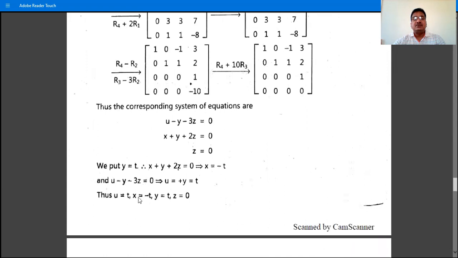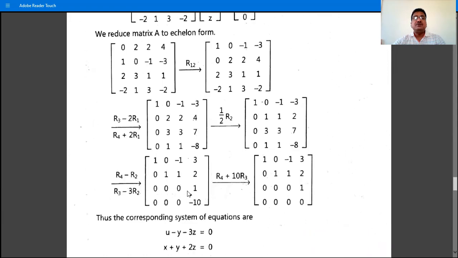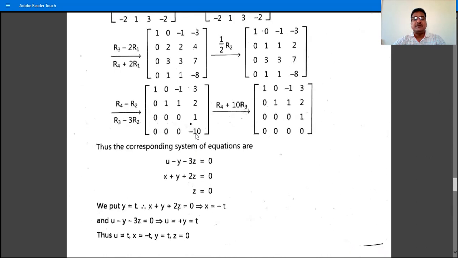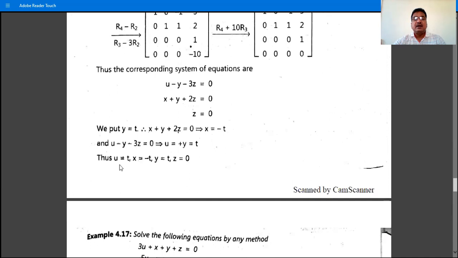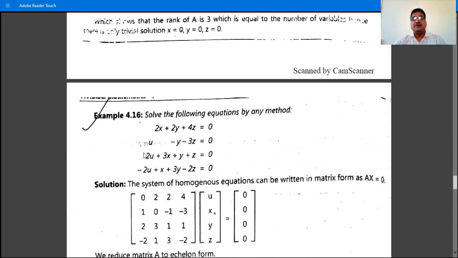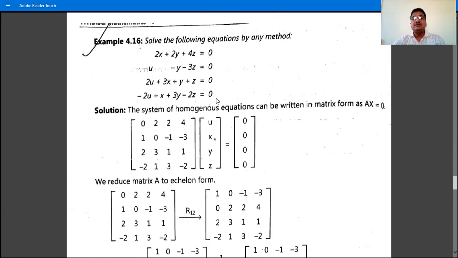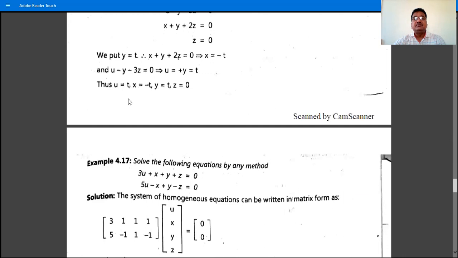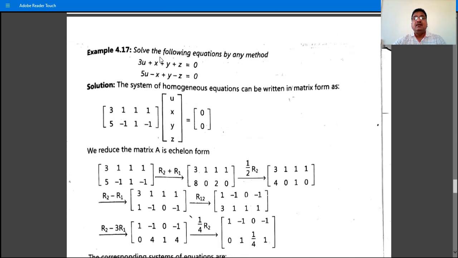We can also verify the solution by substituting these values in these equations. We observe that all the equations are satisfied by these x, y, z and u. So we can also verify your answer. Next example, solve the equation by any method.